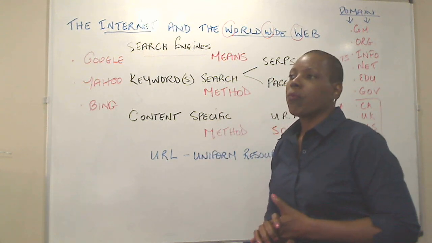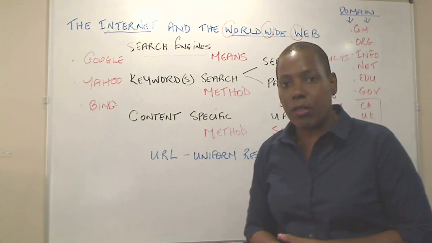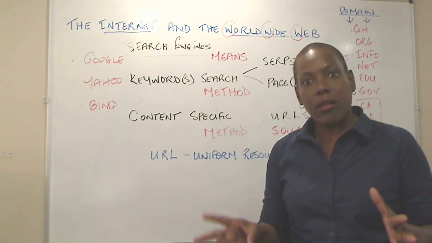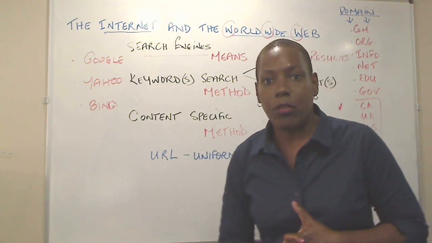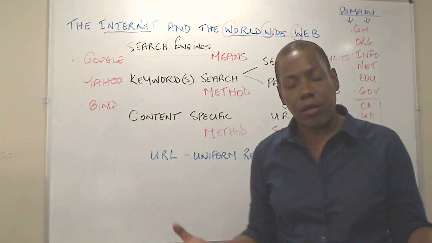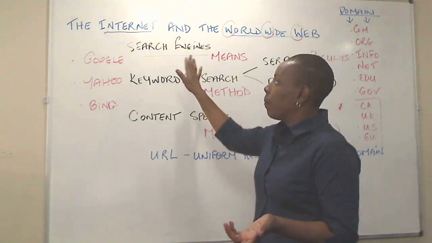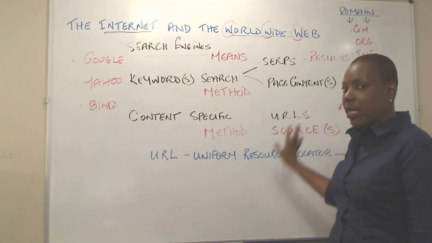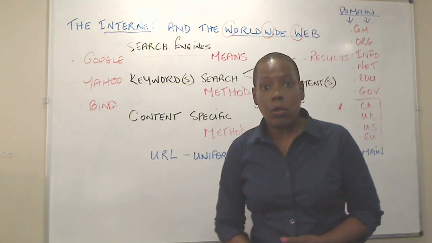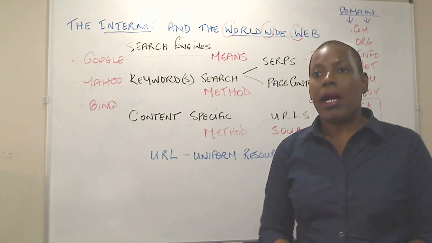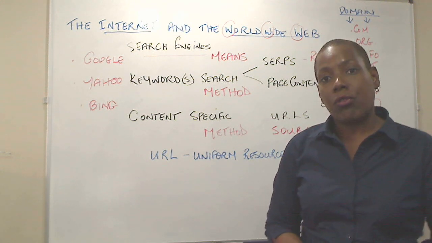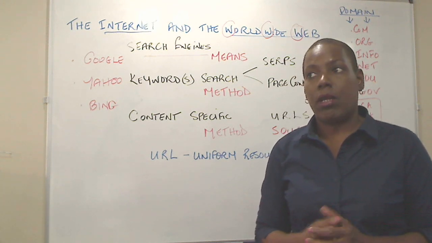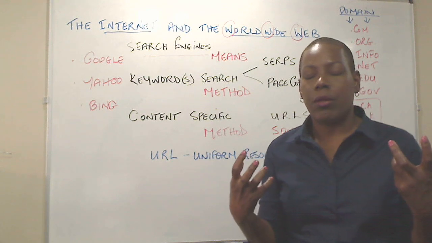For example, if you just type the word domain in a search bar, you will get endless results on domains, and you will get endless interpretations of the word domain, because domain can refer to the internet as part of a URL. We'll get to that shortly. Domain can also mean a place of rule if you were to go by a dictionary meaning, and domain can also refer to a particular term in psychology when talking about the brain.